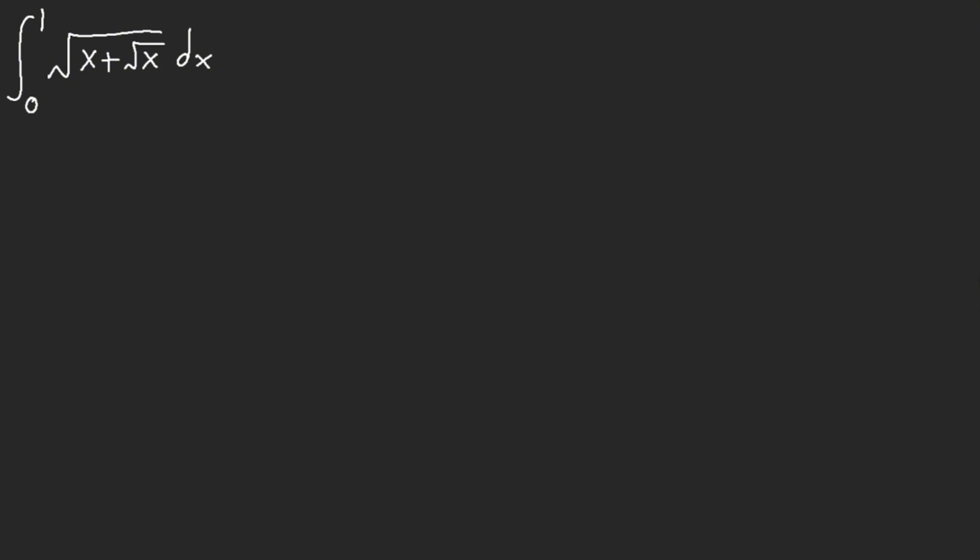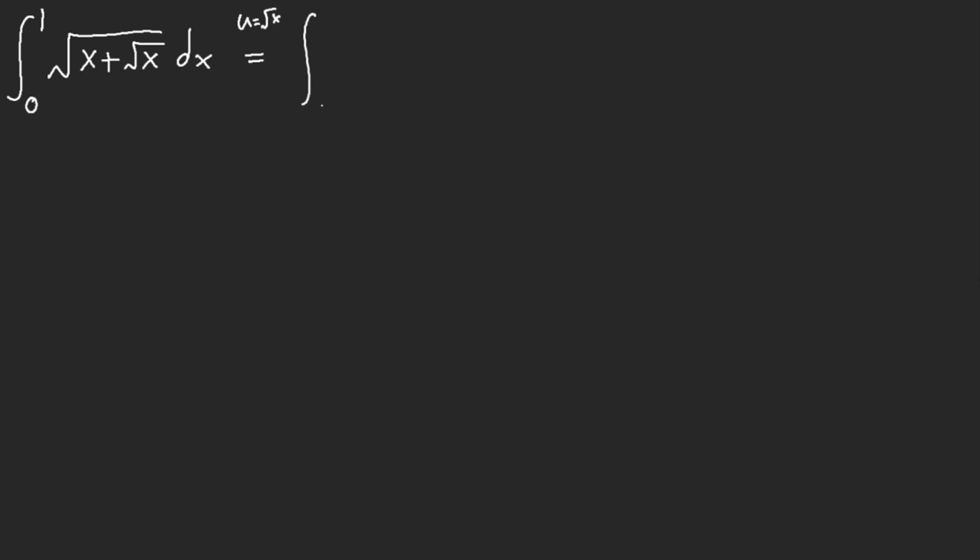Option 1, which is what I'm about to show you right now, is a suggested method from CBMiami. In this option, we're going to let u equal square root of x.